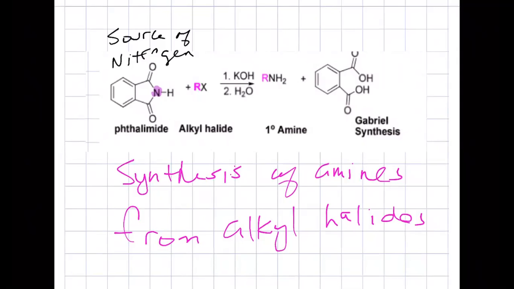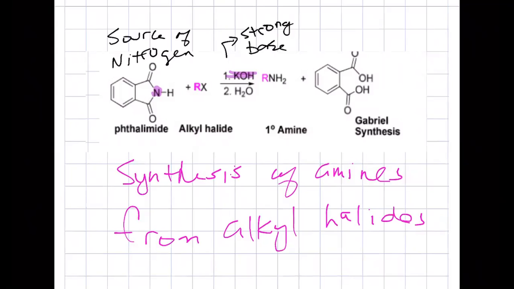So that's your nitrogen source. And then the alkyl halide, and then a base. So you need a strong base, and we're going to talk about what the purpose of that is. So you need a base, you need phthalimide, and you need an alkyl halide.